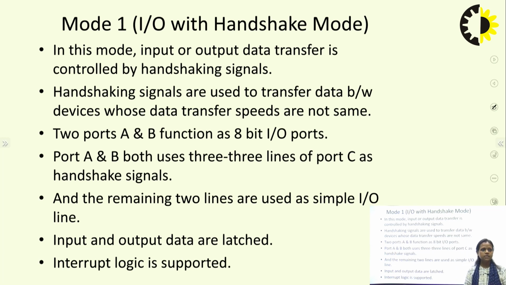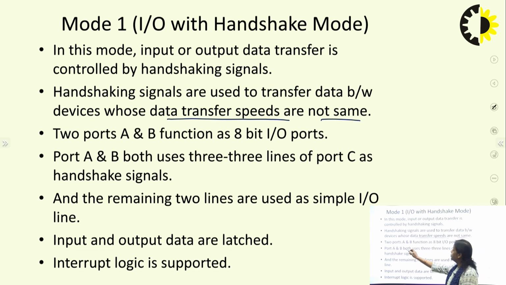Handshaking signals are used to transfer data between devices whose data transfer speeds are not the same. If two devices want to communicate with each other and their speeds are not the same, first they release the handshaking signals, which are the signals to establish the communication between the two devices.